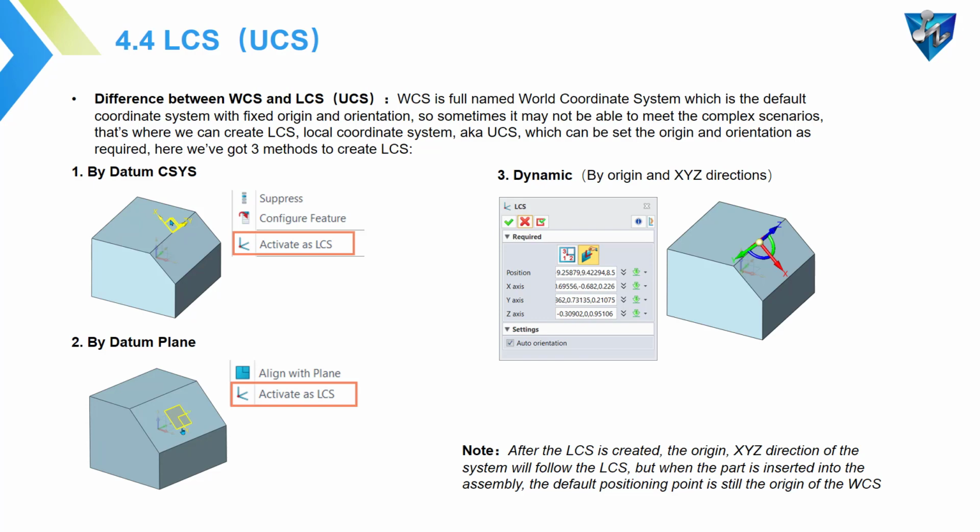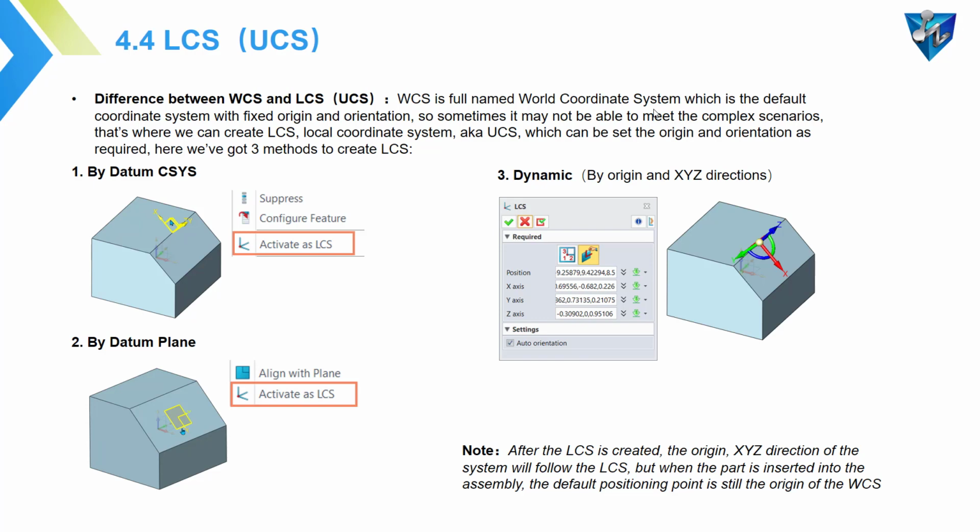Okay, in this page, I'd like to introduce you something about LCS. Before the function introduction, I would like to share a little bit about WCS and LCS. So WCS is fully named World Coordinate System, which is the default coordinate system with fixed origin and orientation.